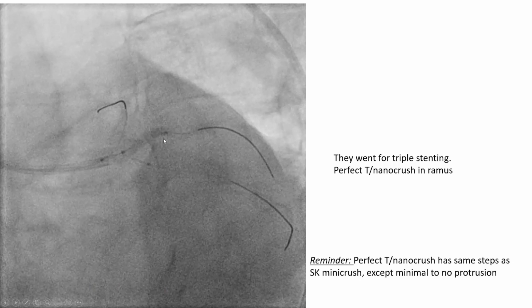And I will remind you here, perfect T nano crush has the same steps as the single kiss mini crush, except for minimal to no protrusion, meaning they position that stent in the ramus while minimally protruding into the main circumflex. That's kind of the perfect T. Then they crushed whatever minimal protrusion there was, or no protrusion, using a balloon stationed in the left circumflex. So that was the first stent.